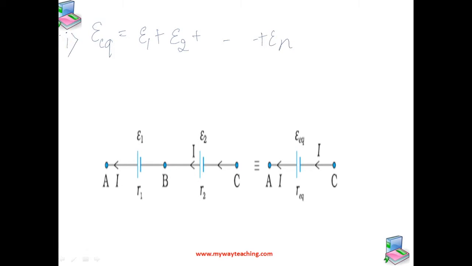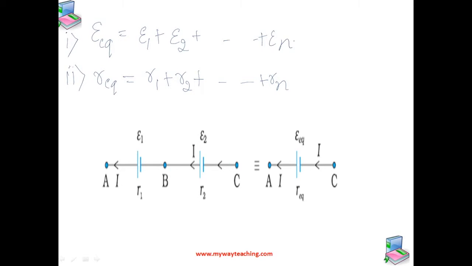The second one is the equivalent internal resistance of a series combination of n cells. Again, it is the sum of their internal resistances. Similarly, the equivalent resistance of n cells connected in series is the sum of the n individual internal resistances, isn't it? This is so when the current leaves each cell from the positive electrode.